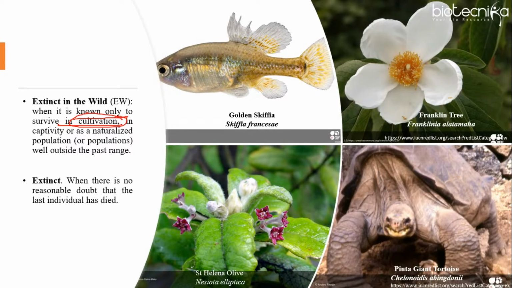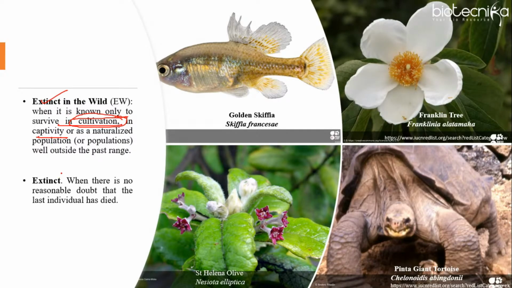For example, we are growing some plants in a botanical garden, right? But if you try to find this species, this taxon, in the natural environment, then they will not be present. Basically the ecologists have failed to record an individual in the wild. So that is why it is called extinct in the wild. They are only known to survive in cultivation, in captivity.